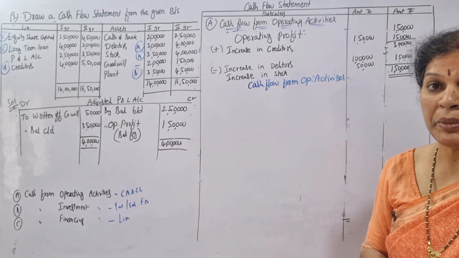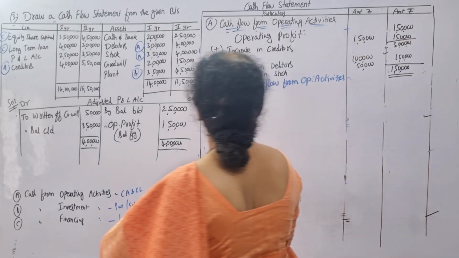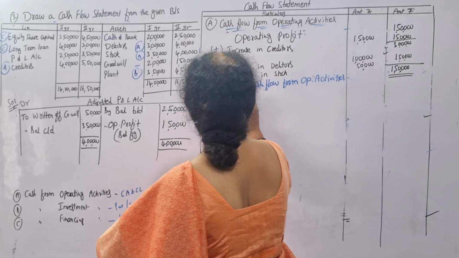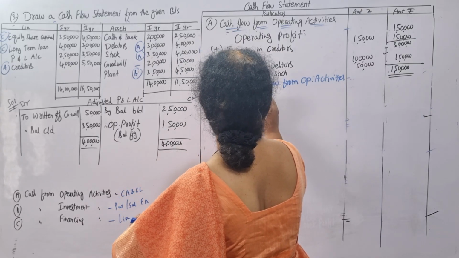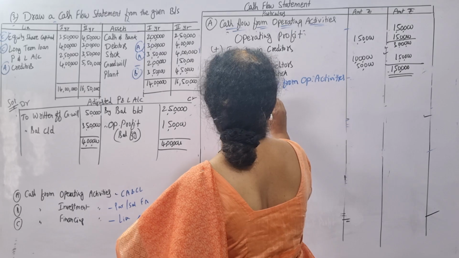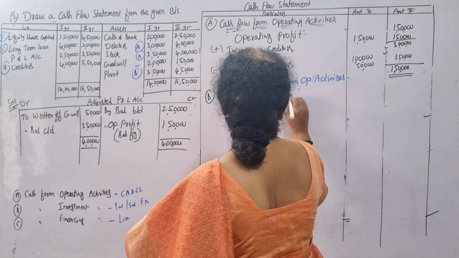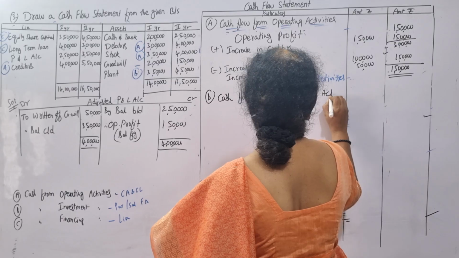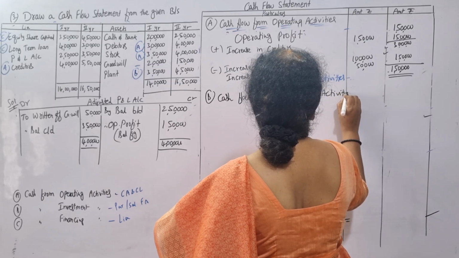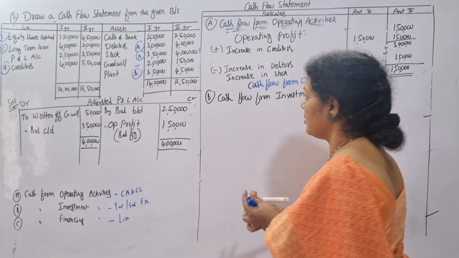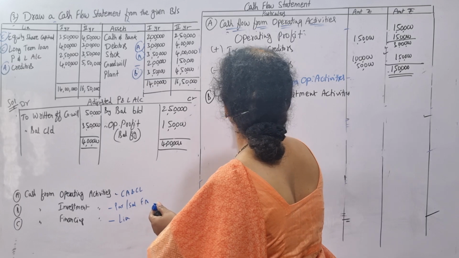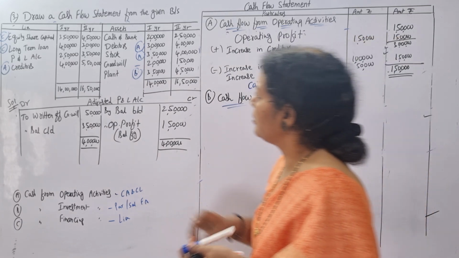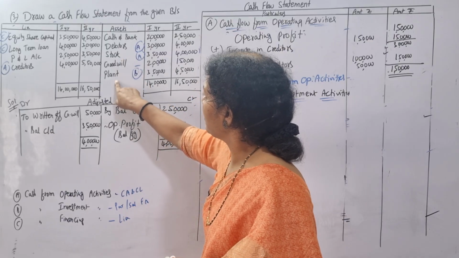Next, cash flow from investment activities. Everything, if you want, you can work out by yourself. Investment activities means sale or purchase of fixed assets. Here, one asset, that is plant.